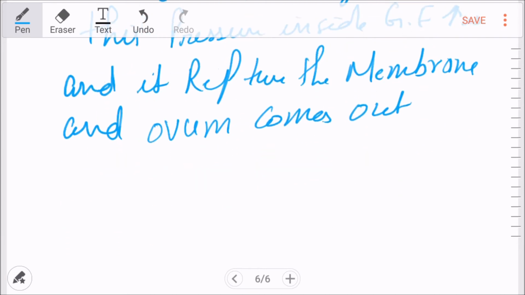With the help of the LH surge, the ovum comes out.